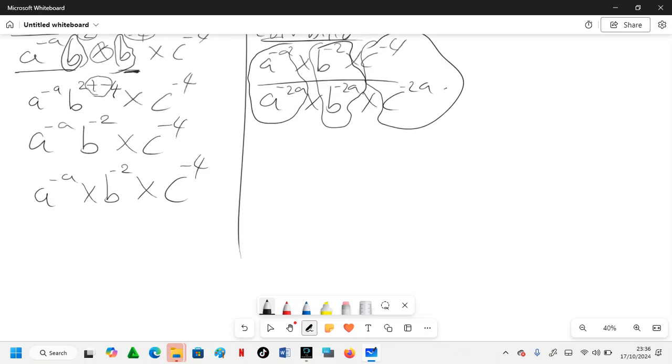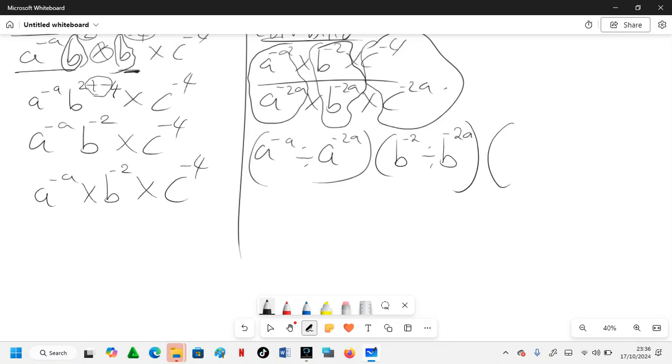Very fast. So a to power negative a divided by a to power negative 2a, and then we have b to power negative 2 divided by b to power negative 2a, and then we have c to power negative 4 divided by c to power negative 2a.